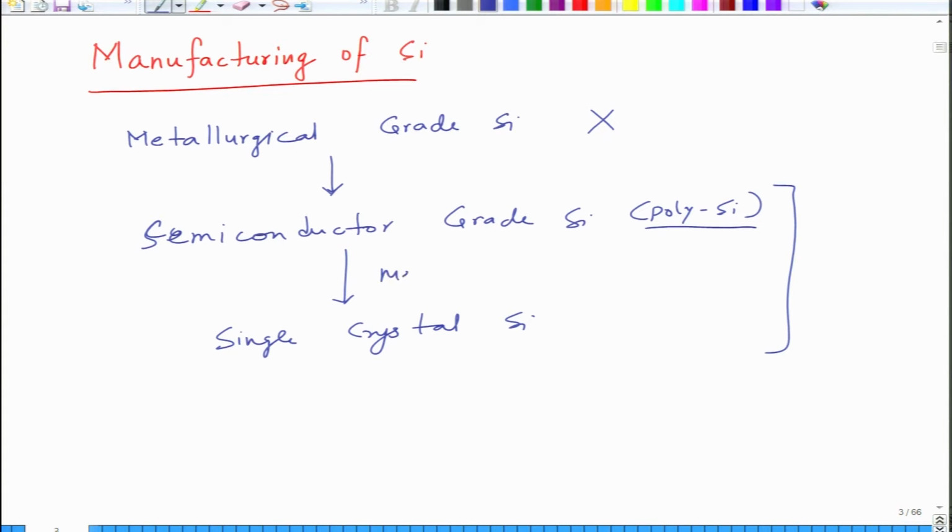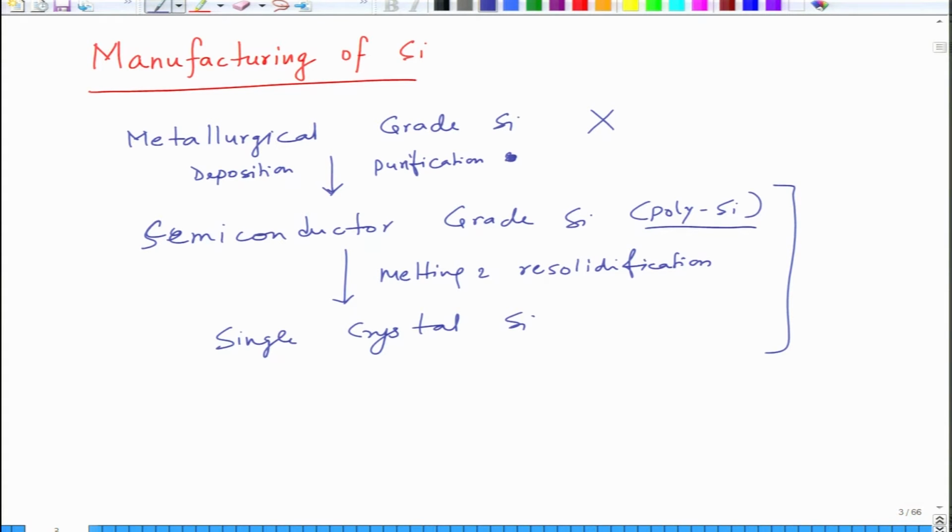The other step is about deposition and purification. So, you have 2 steps, deposition and purification. Metallurgical grade is not used, but semiconductor grade and single crystal silicon both are used in practice.